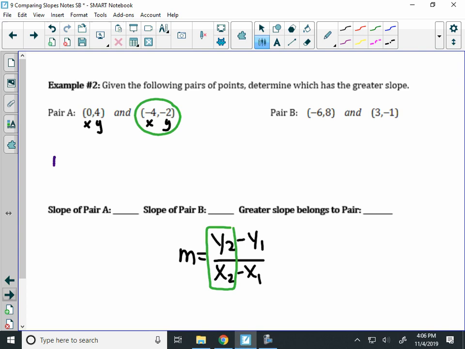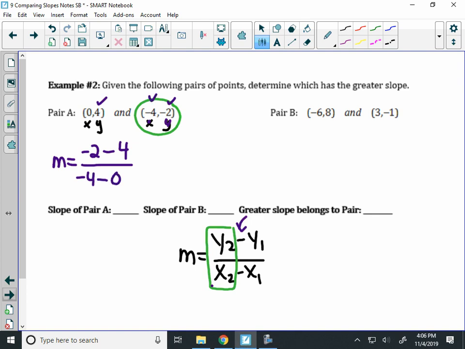So let's calculate here. M equals, I choose this y first because it's in my green circle and green box, so it's -2. Next in the formula is a minus sign, the y value of 4, the other one, right? So I've used both of those y values. Over. The x I start with is in the green box, so I go in the green circle. -4. Use that guy.